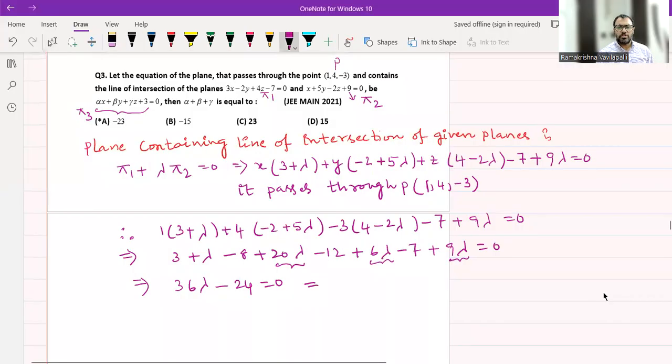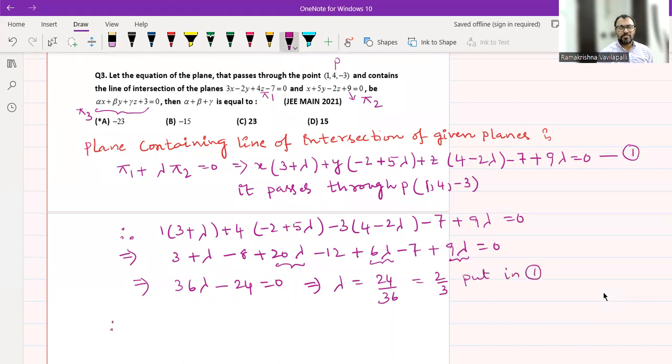So this implies you will get lambda equal to 24 by 36. It is 12 2s, 12 3s. So substituting in 1, you will get the plane. Put in 1. Therefore, we get lambda equal to 2 by 3. Here 3 plus 2 by 3 is 11 by 3. So 11x by 3. Substitute here minus 2 plus 10 by 3, that is 4 by 3.